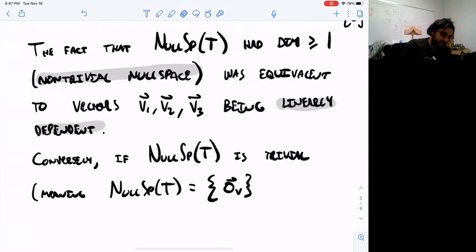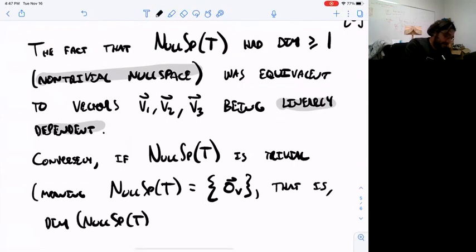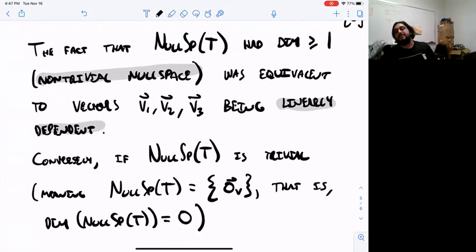Or another way to say it is that the dimension of the null space of T is zero. That's another way to say it. So zero dimensional null space. So it doesn't have any non-zero basis vectors, right? Just the additive identity is the only thing in the whole space.